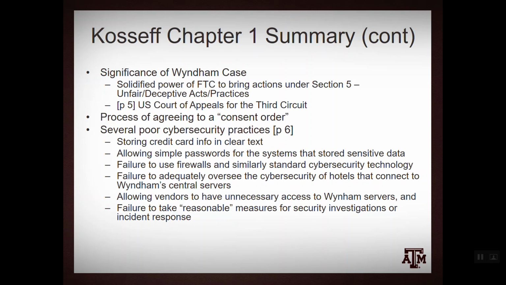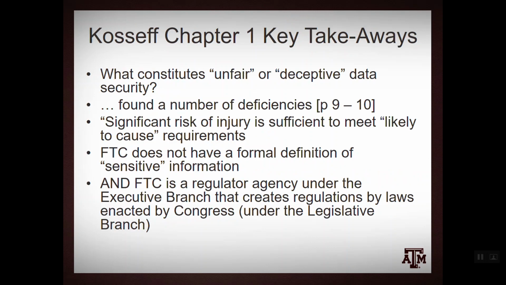And to me, it's very interesting that the FTC's unreasonable practices section is over 100 years old. So again, this is where we've taken existing law and tried to apply it in this case. Okay, let's see what else.